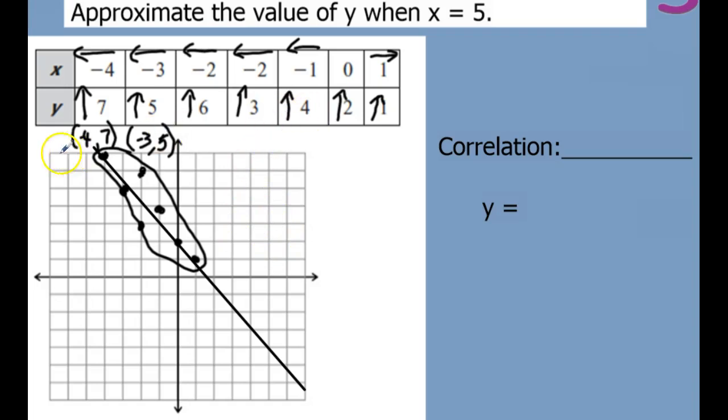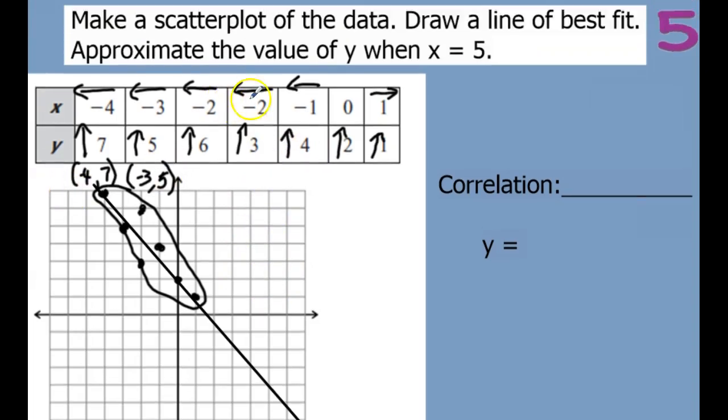So now it says to approximate the value of y when x equals 5. So we need to go over on our x-axis to 5. 1, 2, 3, 4, 5. And we need to go down until we would maybe hit our line.